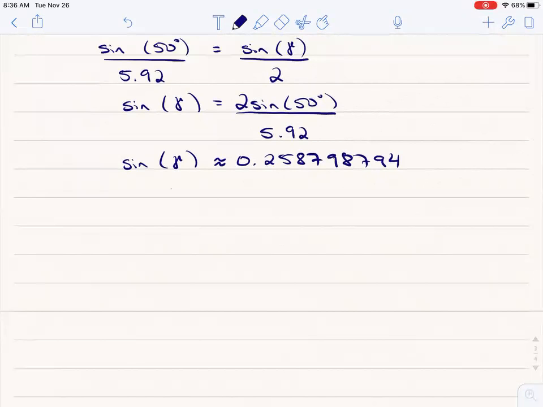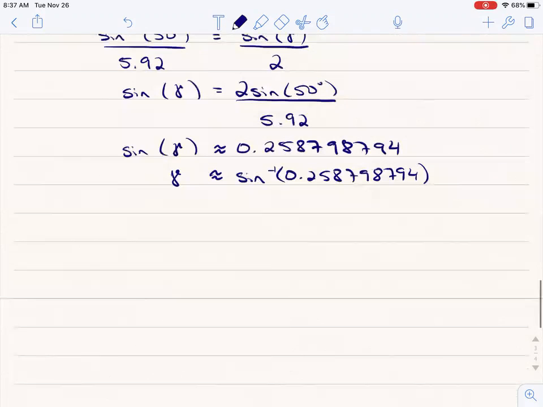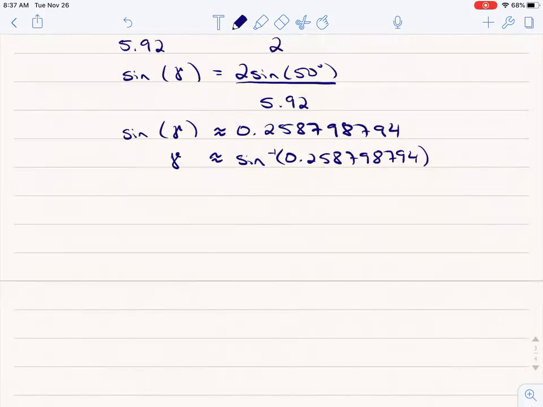So now solving for gamma, we've got the inverse sine of 0.258798794. So keep all your decimal places in your calculator and then shift sine inverse, previous answer, equals, and I get gamma is approximately 14.99879903.